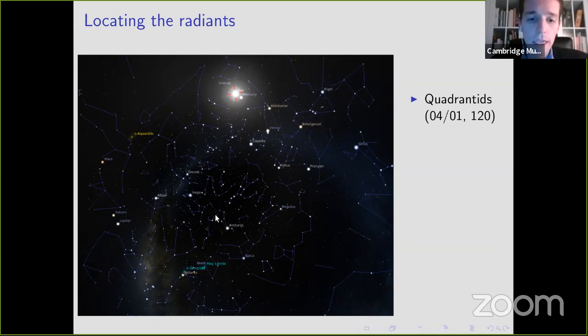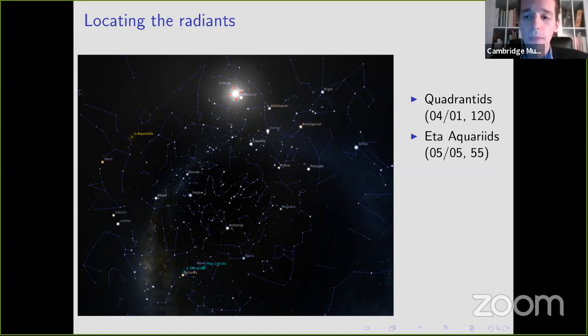Boötes is the kite-shaped constellation where Arcturus is. Recall that we used Arcturus in order to find Virgo before. Boötes is near the plough that we are by now familiar with. So the radiant of the Quadrantids is in Boötes.